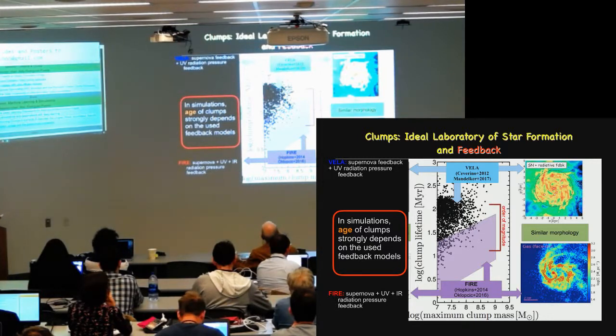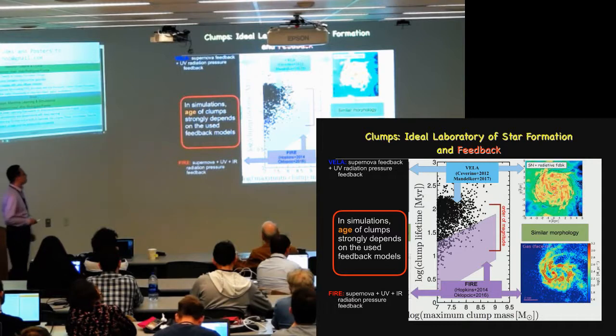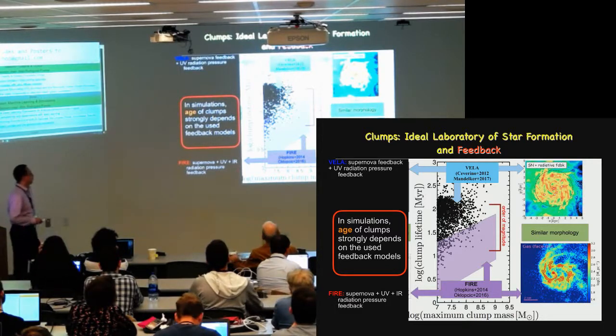And we know that VELA and FIRE have different feedback models. VELA uses supernova feedback plus UV radiation pressure feedback, and FIRE uses supernova feedback, also UV and IR radiation pressure feedback. So if we want to test which feedback is more realistic, one way we can do is to look at the age distribution of clumps.